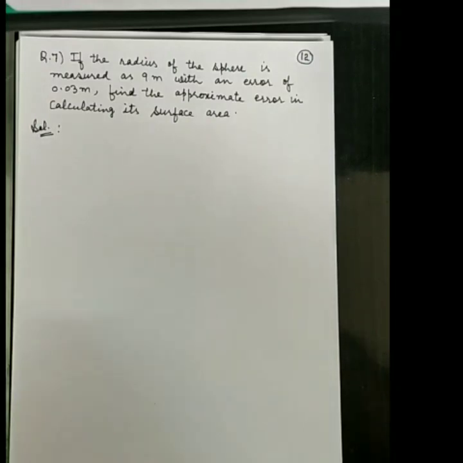Next question, 7th. If the radius of the sphere is measured as 9 meter with an error of 0.03 meter, find the approximate error in calculating its surface area. It is just like the 6th question, error in area instead of volume is to be found.